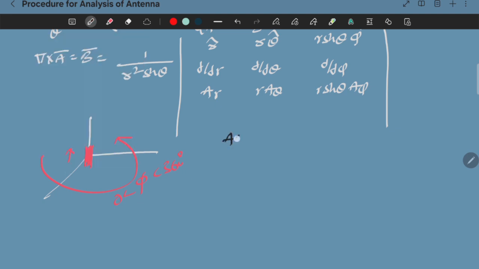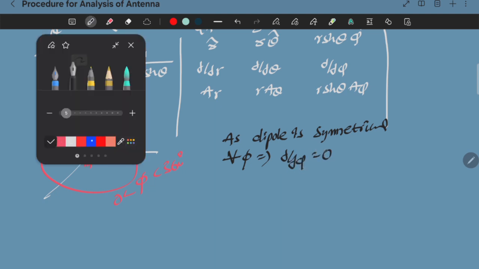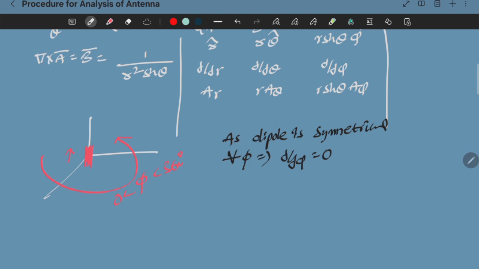So, as the dipole is symmetrical for all values of phi, dou by dou phi is equal to 0. So I can make this equal to 0.